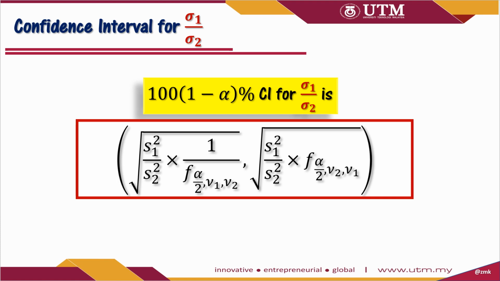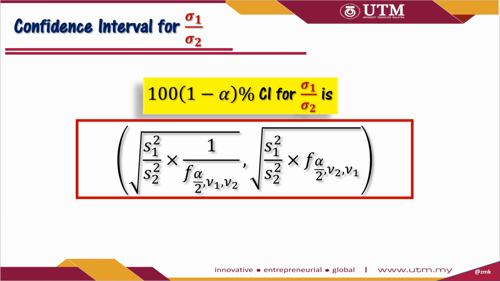The confidence interval for the ratio of sigma 1 to sigma 2 is the square root of the lower and upper limits of the confidence interval for the ratio of two population variances. Here, the lower limit is the square root of S1 squared over S2 squared multiplied by 1 over F alpha over 2 nu1 nu2, whereas the upper limit is the square root of S1 squared over S2 squared multiplied by F alpha over 2 nu2 nu1.